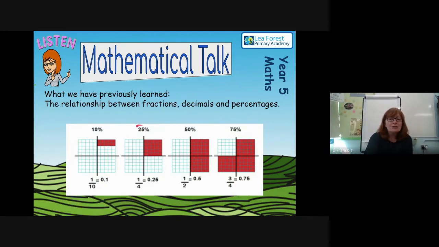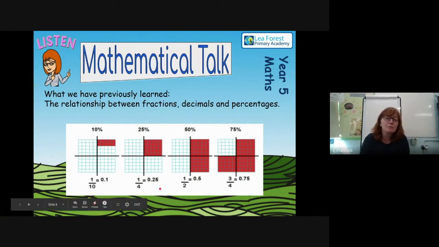25%, that is 25 squares coloured in, is a quarter of our 100 squares. We've divided it up into 4 parts just so that we can see this clearly. And that, as a decimal, is 0.25. So a quarter is equal to 25%.